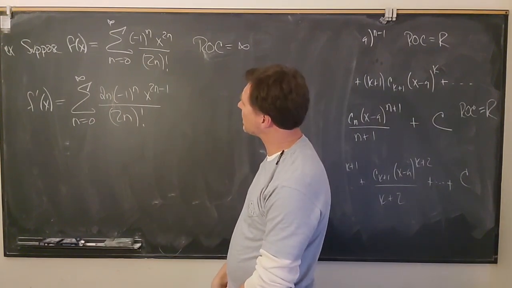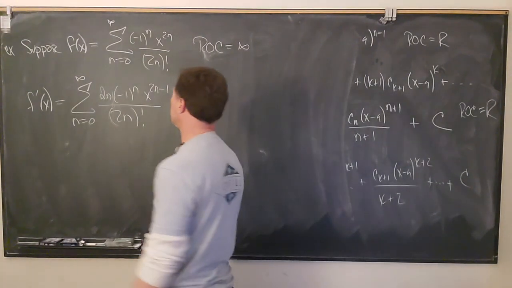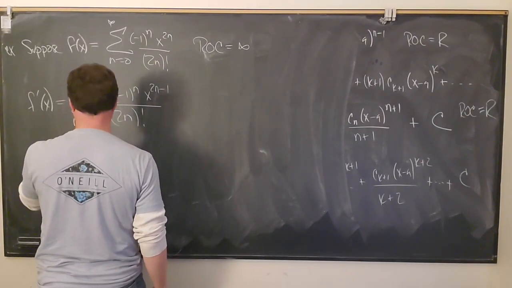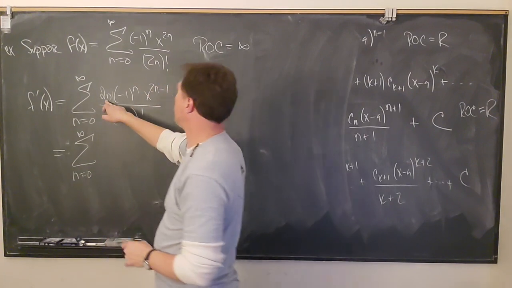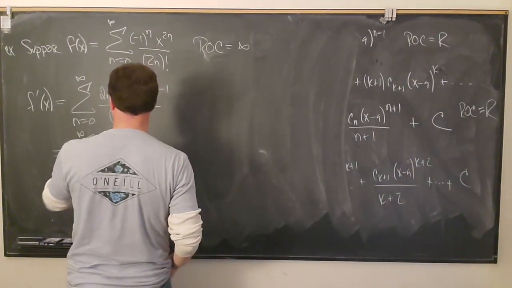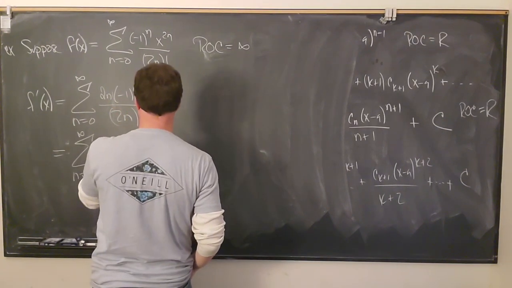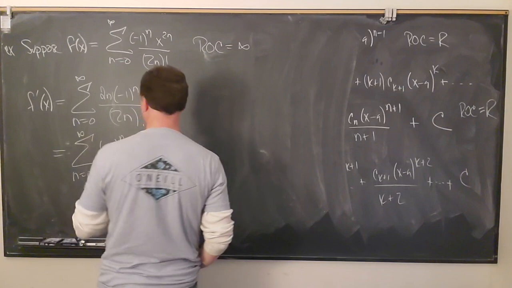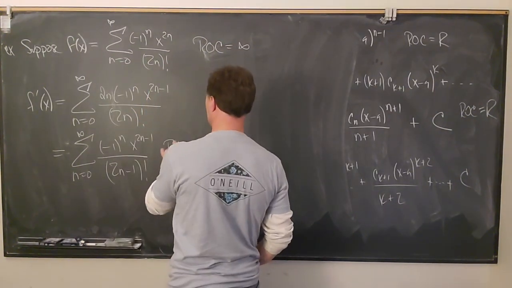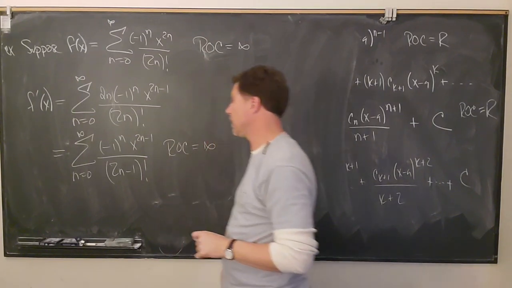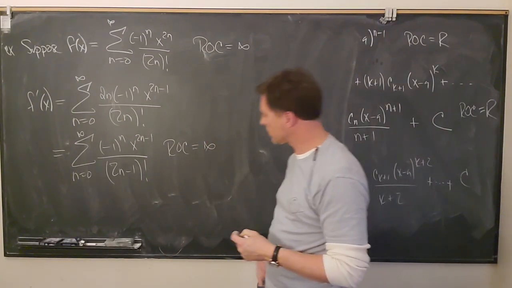Now I can clean this up a little bit by noticing that this 2n over the 2n factorial, there's a little bit of cancellation, and so this is (minus 1) to the n, x to the 2n minus 1 over 2n minus 1 factorial, and the radius of convergence stays at infinity. Okay, so there's the derivative.